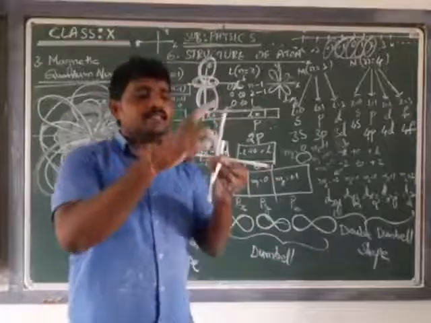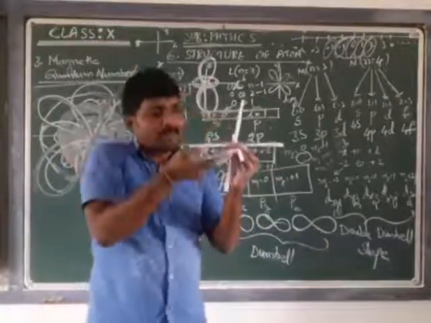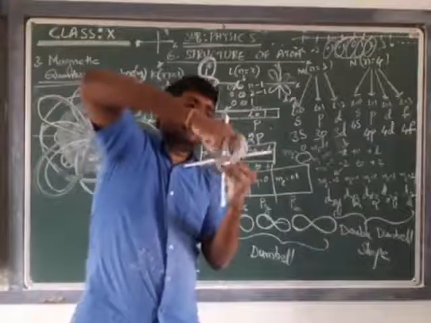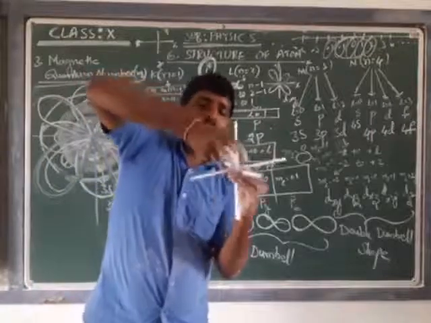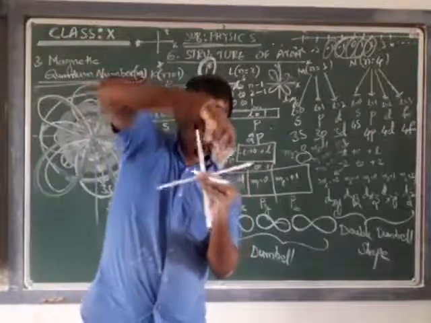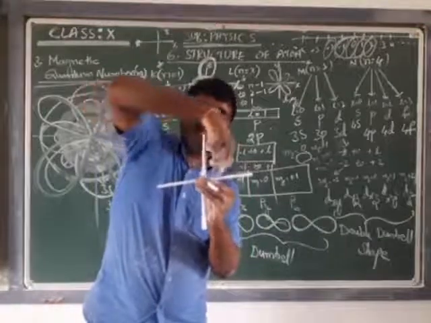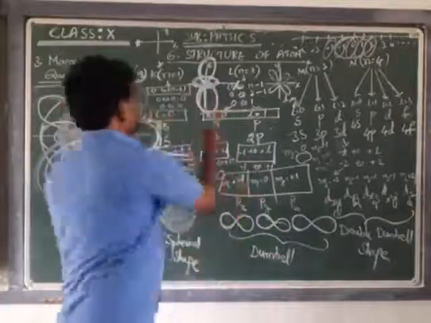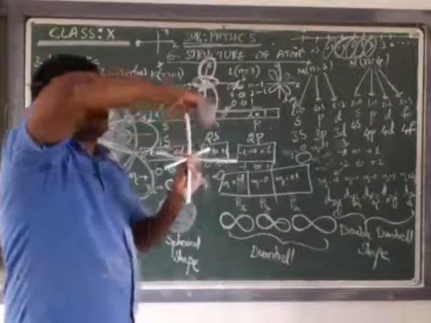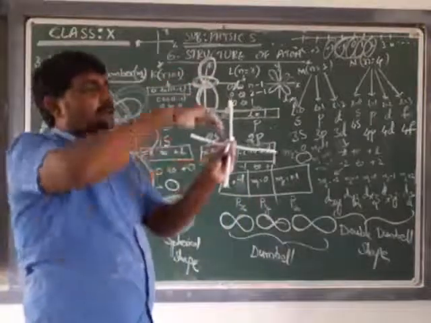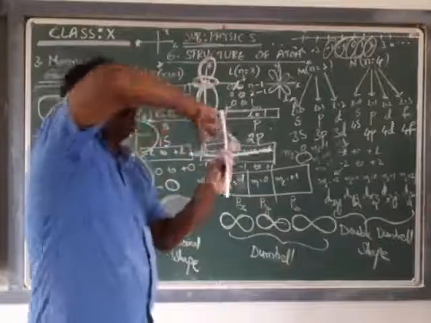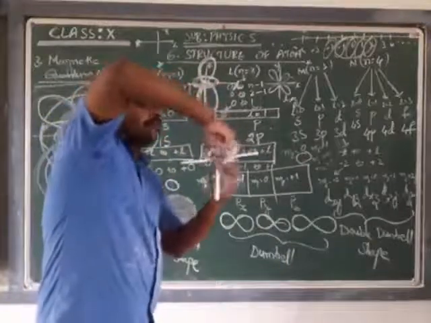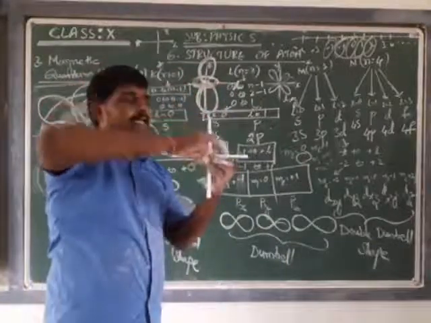Assuming this as the z axis, there will be one dumbbell along the z axis, and a circle which is going to touch or align along the y and x axes.